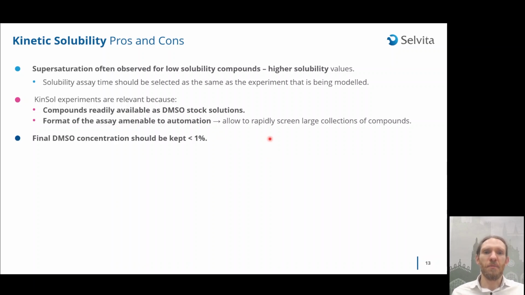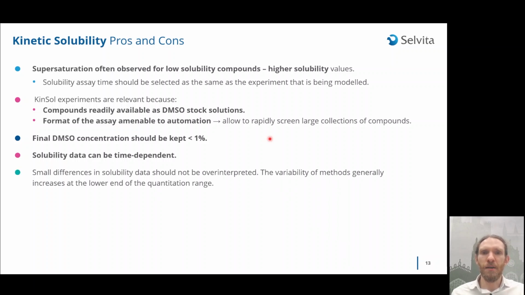But I mentioned on the previous slide, final DMSO concentration should be kept below 1% to not influence the readout. And solubility data can be time dependent. So with the varying length of the assay, we may measure different values of solubility.